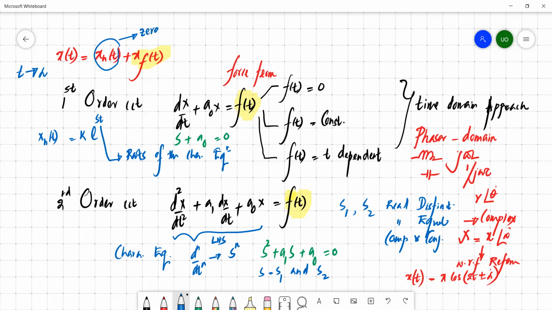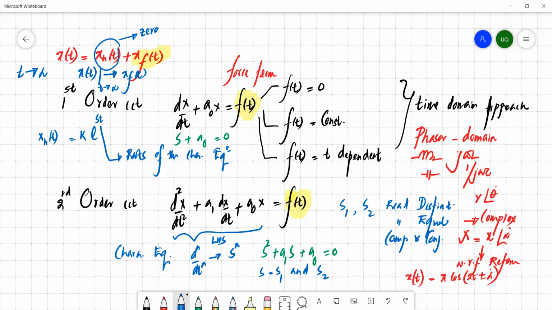Then the steady state response of x(t) converges to the forced response when time goes to infinity. So the steady state response and the forced response are basically the same. In certain cases we use the term steady state response, and in some cases we use the forced response. Both terms refer to the same quantity.